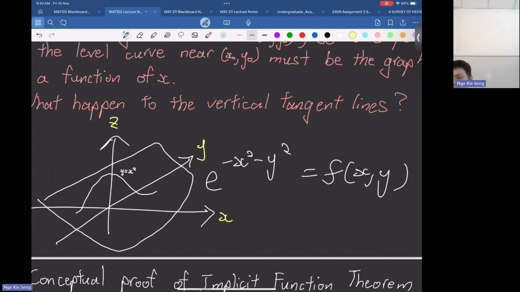Where's the level curve when this whole thing equals 0? Where's the height here? Which axis represents the height here? Z. Good.